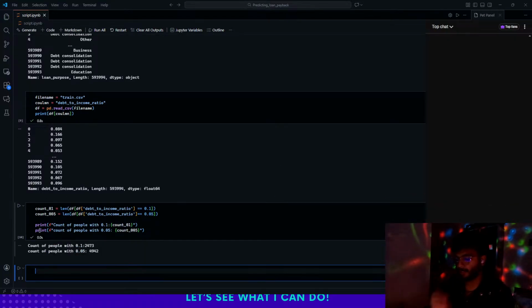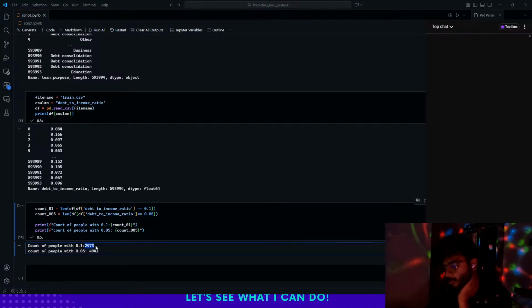Now I find, okay, so now as you can see, 0.1 says that they are less likely to pay the debt. So we have around 2000 people that are less capable of paying the debt as compared to 4942, around 5000 people.